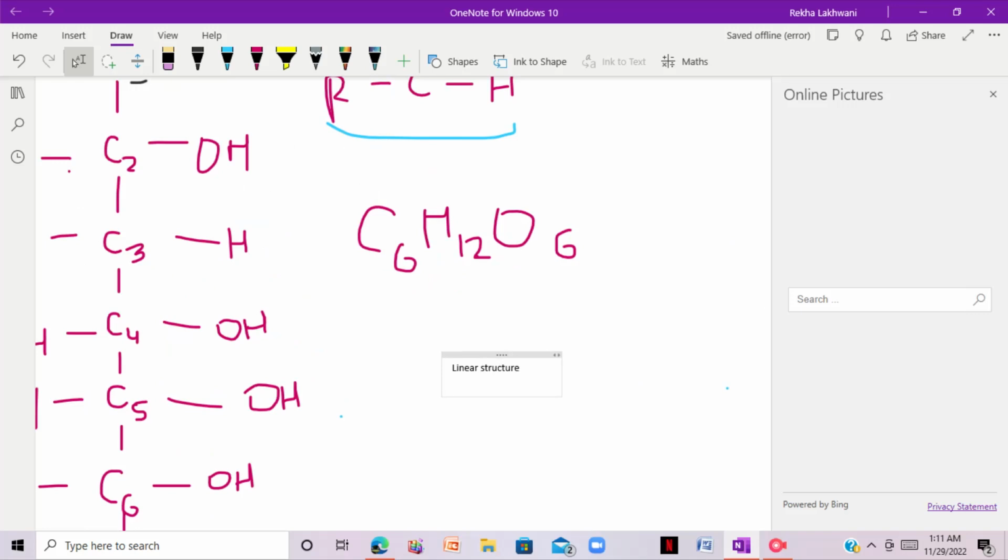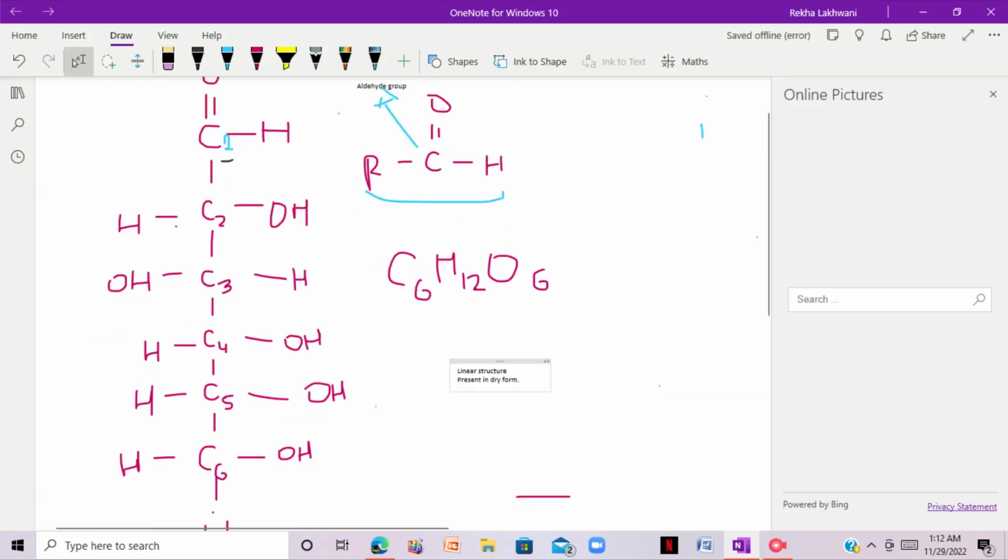It is unstable. And when we dissolve this linear structure in water, it turns into a ring structure.